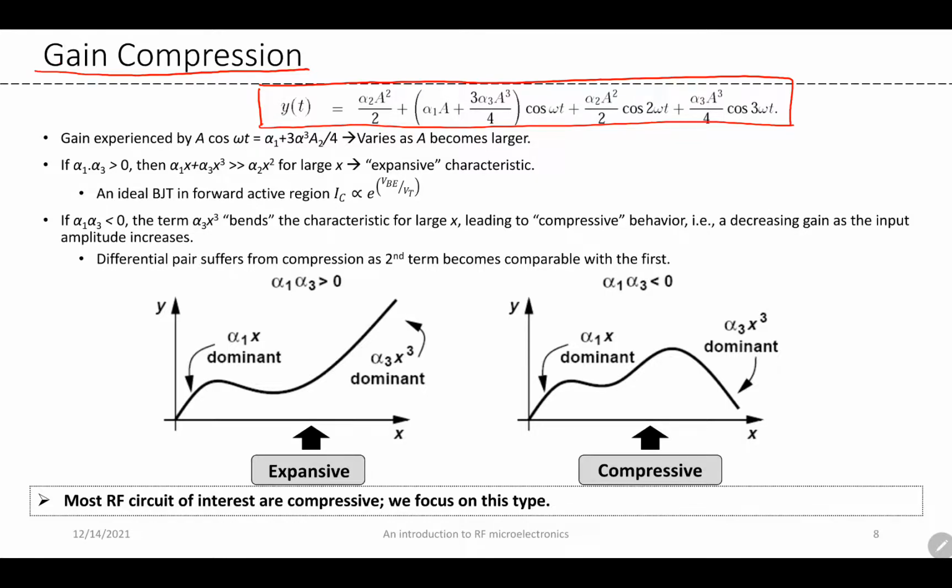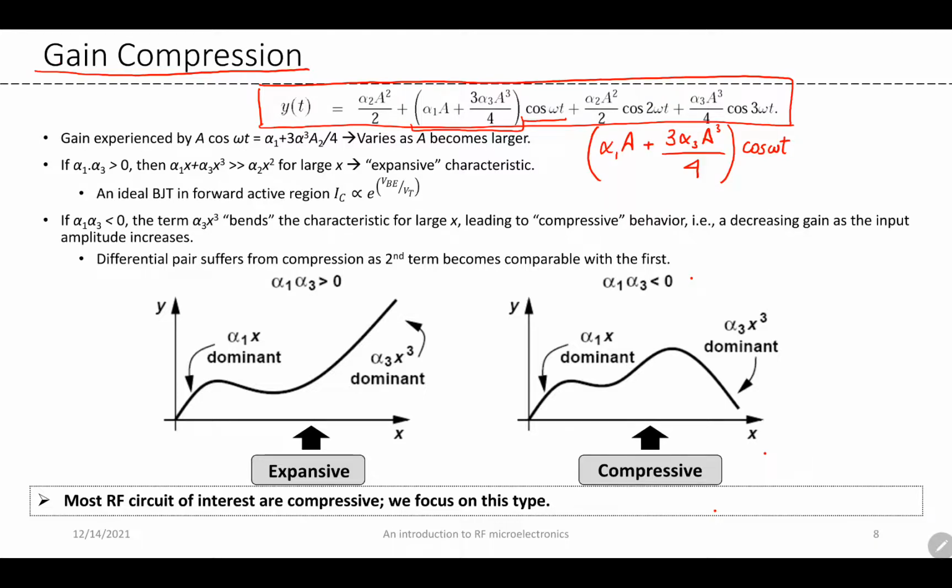And we noticed that the fundamental frequency had a coefficient of alpha 1 a plus 3 alpha 3 a cube by 4. So this was the coefficient of the fundamental frequency.